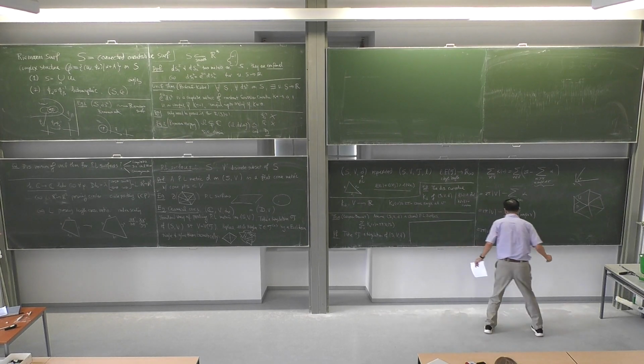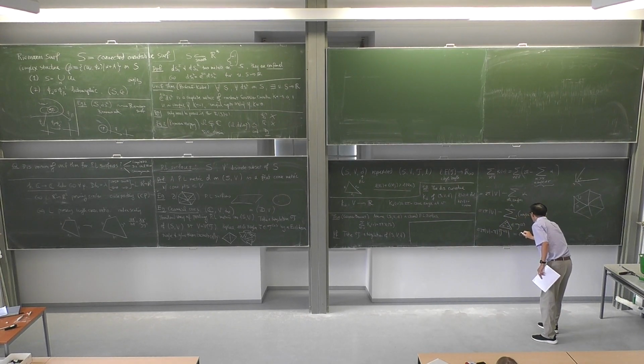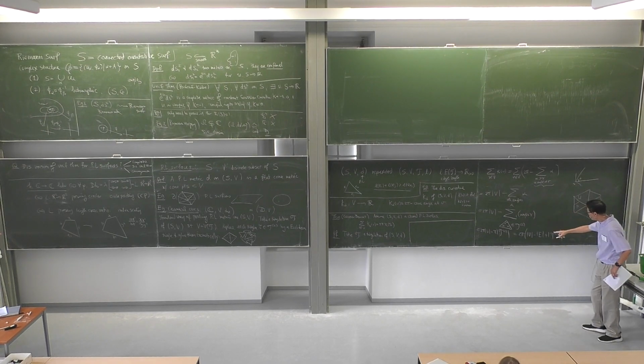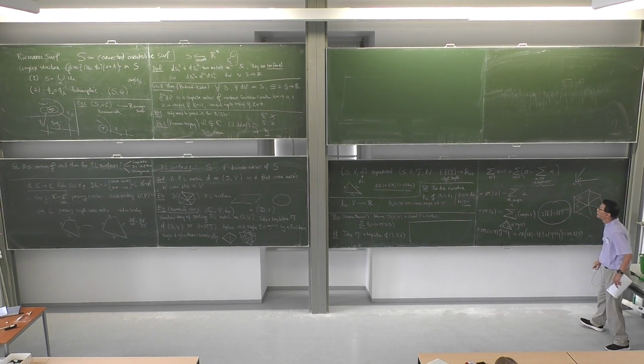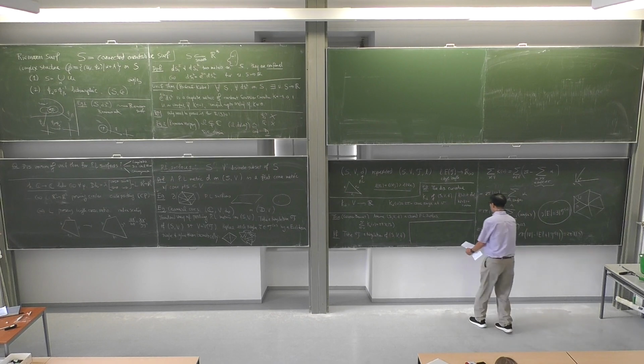And that we know is equal to 2 pi times V minus the number of edges plus the number of triangles, because in a triangulation, twice the number of edges is equal to 3 times the number of triangles. And that's 2 pi times the Euler characteristic. Okay, so that's the proof.